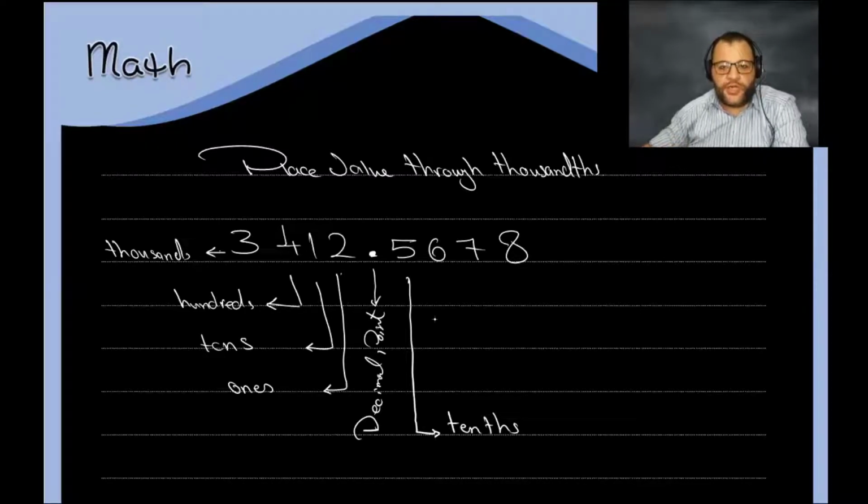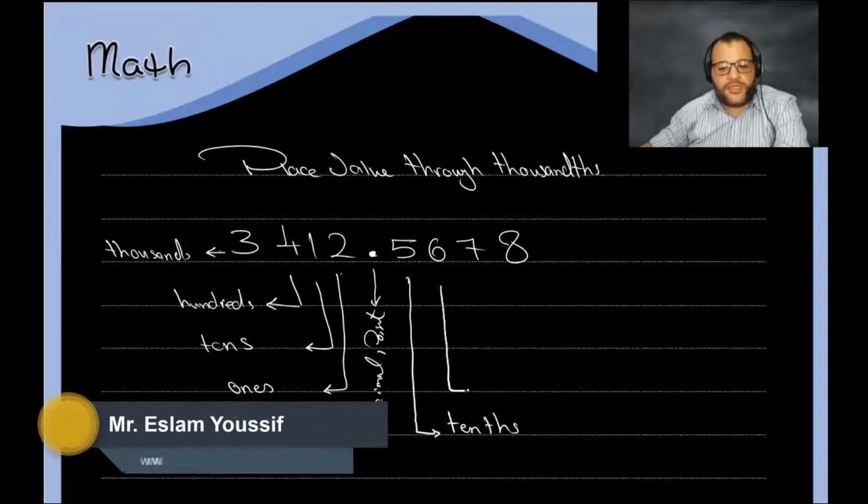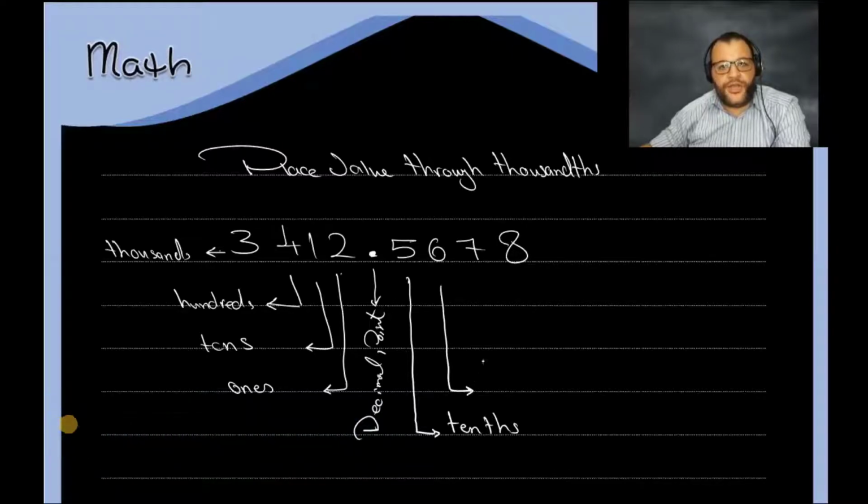I'm just explaining. So the first number at the right of the decimal is called tenth. The next number is? As we said here, tens, hundreds, thousands. So this one would be hundredth. Thousands, millions.